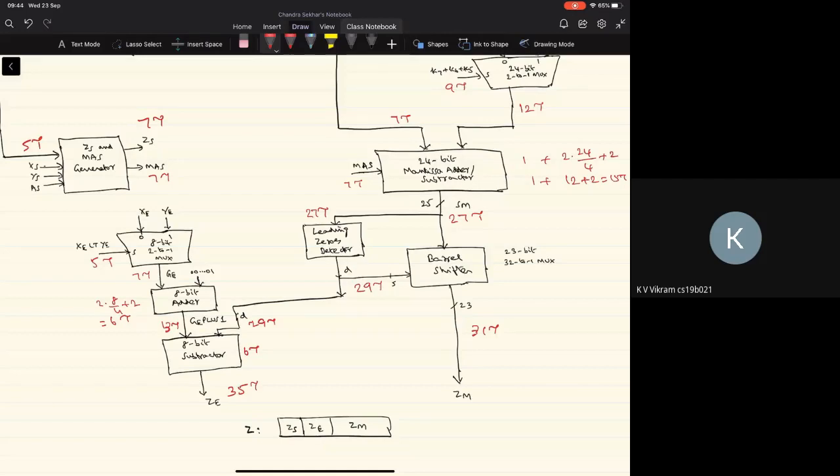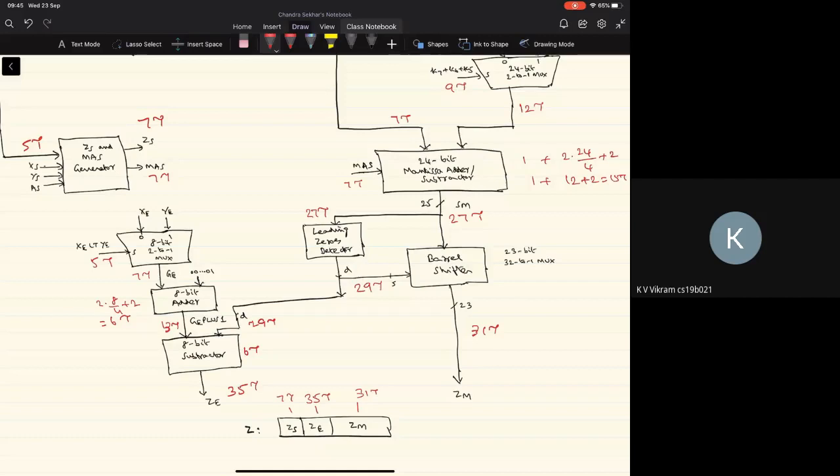Now you see that the ZS is available at 7 tau, the ZM is available at 31 tau, and ZD is available at 35 tau. The different parts that will be assembled to generate the result will be available at different time instants. But we need to wait for all the parts to be available to assemble them together and then produce the result Z.